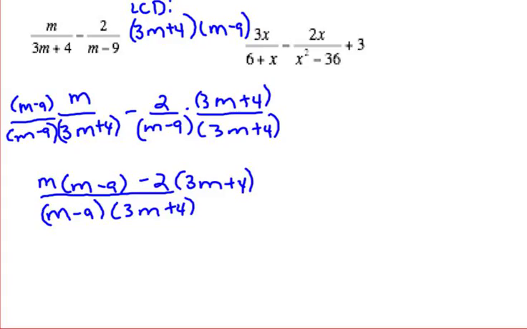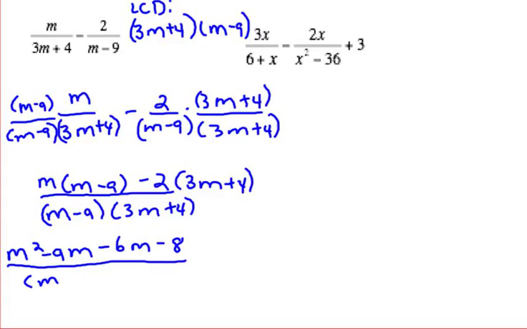All I did was write out what I needed in my numerator in that step. So now I'm going to distribute. That gives me m squared minus 9m minus 2 times 3m is 6m, and negative 2 times positive 4 is minus 8 over my common denominator, which was m minus 9 times 3m plus 4.